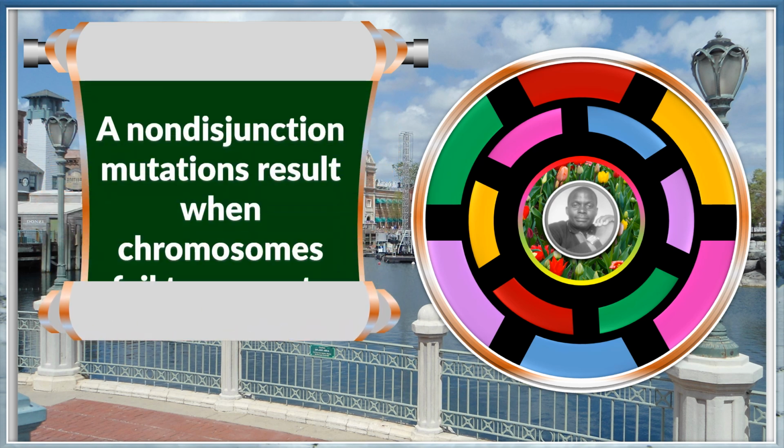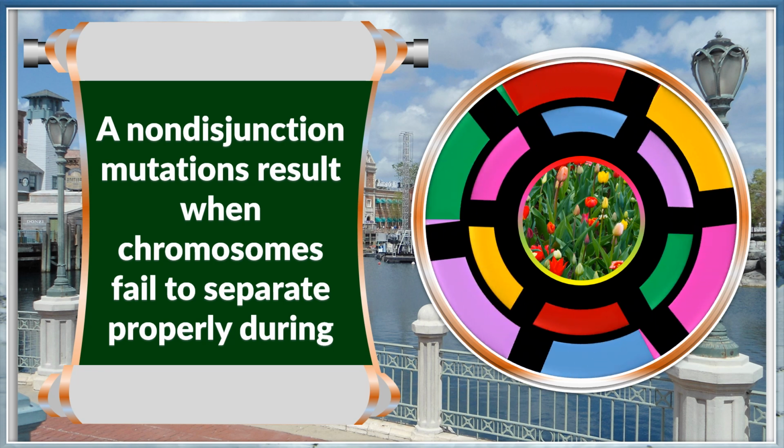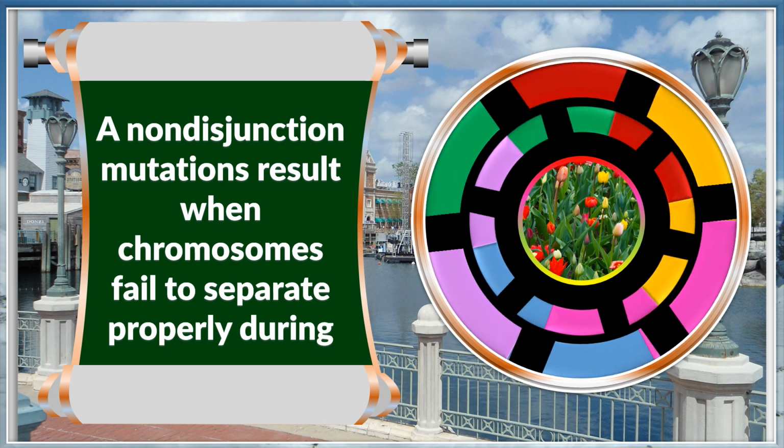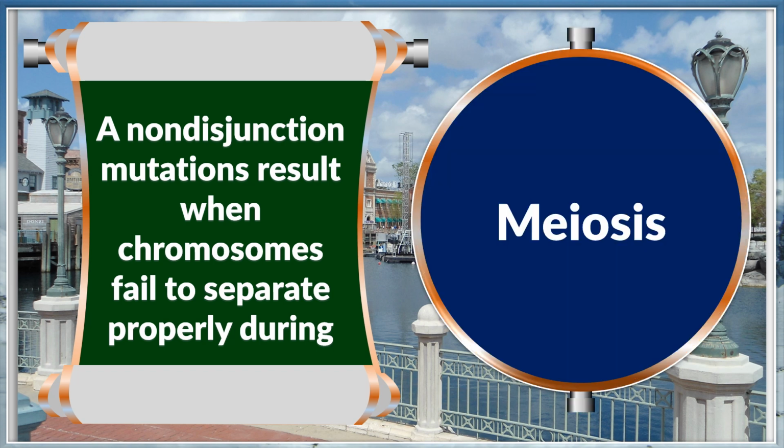A nondisjunction mutation results when chromosomes fail to separate properly during meiosis.